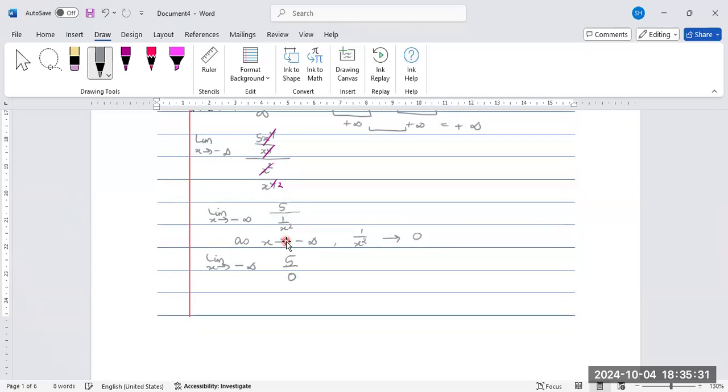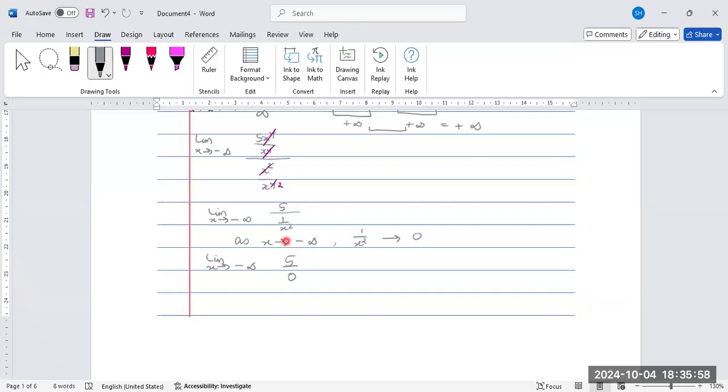5 over 0. Do me a favor, put 5 divided by 0 in your calculator and see what you get. It says math error, it should. And if your calculator gives you 0, throw it out. You can't divide by 0. Good.